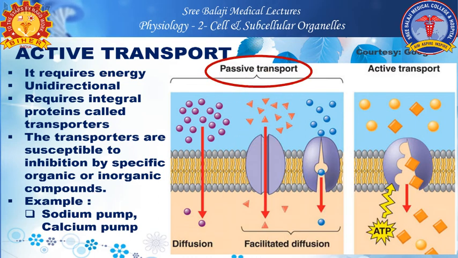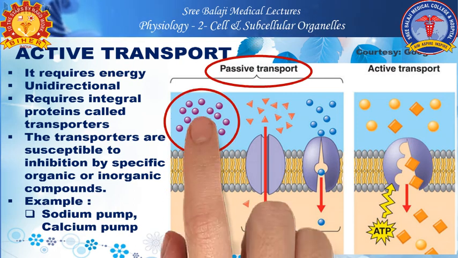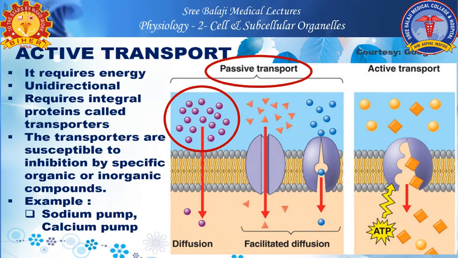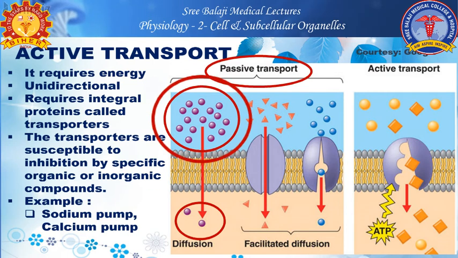Passive transport, as the name suggests, does not require energy. Simple diffusion: see, concentration gradient. Normally, where there is more concentration, anything tends to flow towards lower concentration. Since it is driven by a concentration gradient and the movement of solutes is from higher to lower concentration, no energy is required.